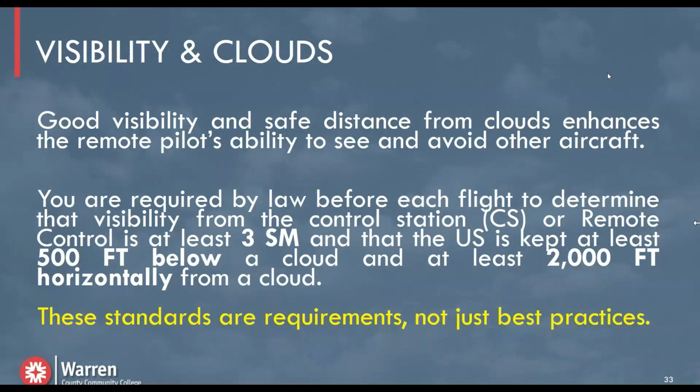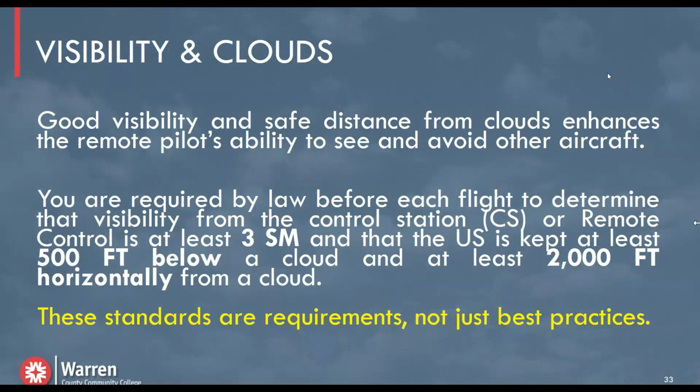So really, to fly to 400 feet in the air, your cloud cover has to be at least 900 feet in altitude or above. So to give you an example, you have to be able to subtract the 500 feet.